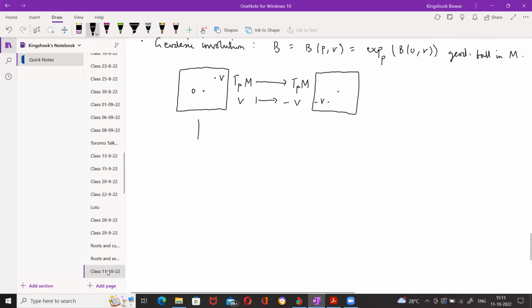Now I have the exponential map, which maps this ball in the tangent space to a geodesic ball in my manifold.